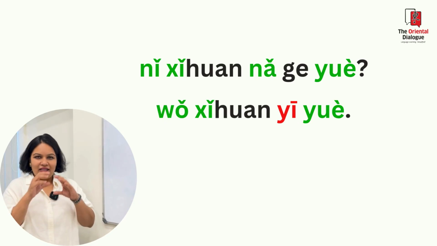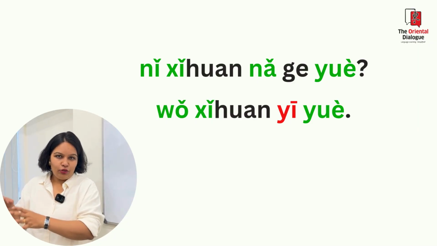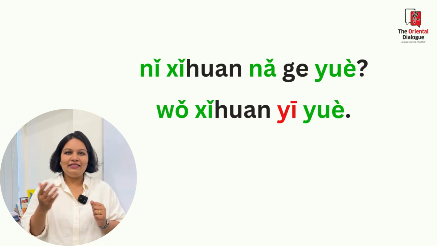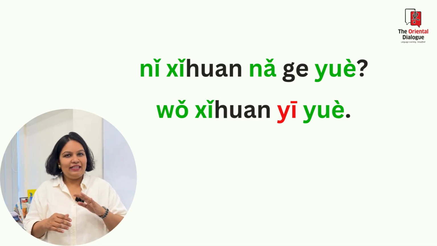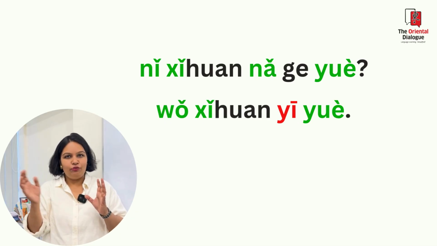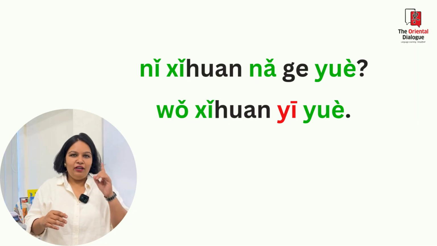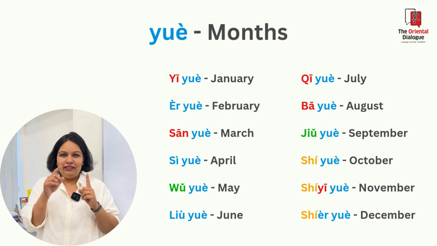So you can answer with 我喜欢 whatever number and 月, because the months in Mandarin are actually very easy. You don't have a January, February, March, April, May. No. You have first month. What was the number 1 that you learned? Yī, right?